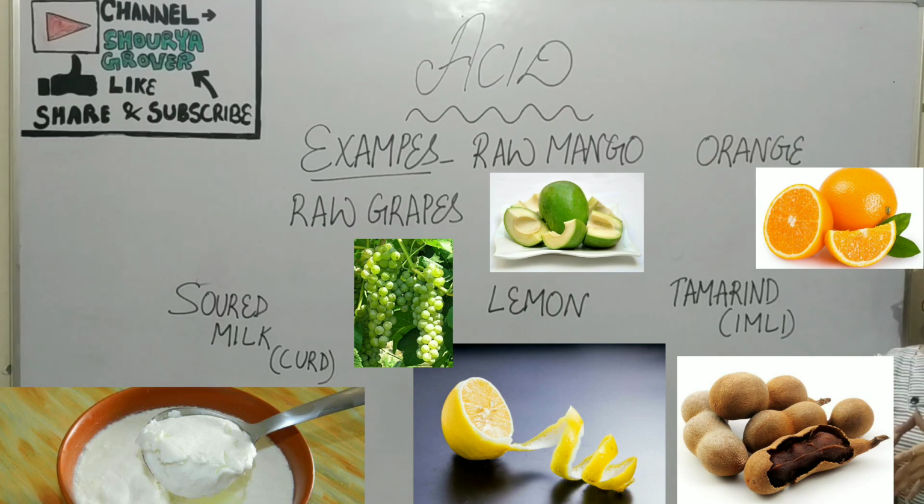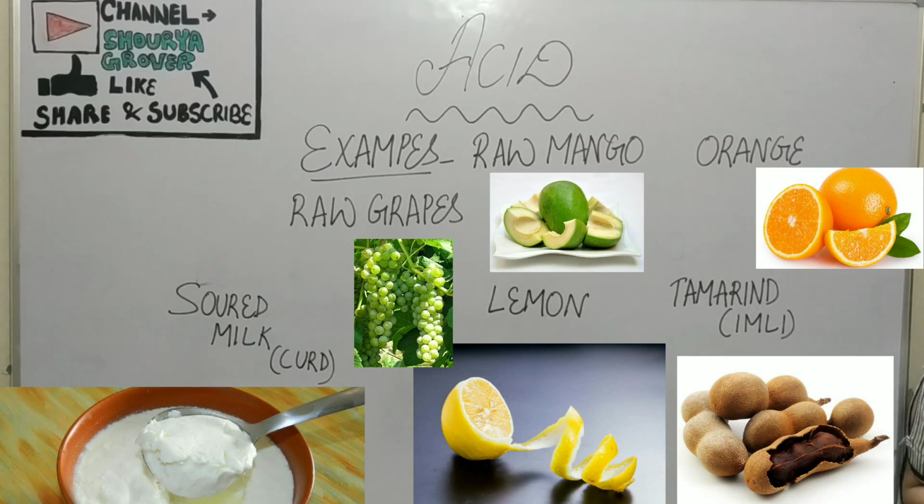The next example is orange. Yes, orange also contains acid. And the last one, which you may not know, is tamarind, in Hindi known as imli. It is usually found in your kitchens and you should know that it contains an acid.